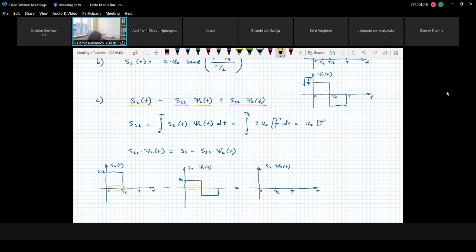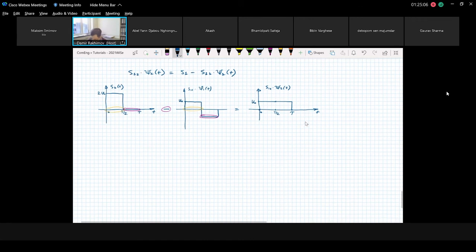We have 2u0 minus u0, and the result will be u0. This is the amplitude for the first range. Okay, let's go to the second range. We have 0 minus u0, so minus with minus gives us plus. For the second region, we also have amplitude u0. As a result, you see how this difference will look. It will be a rectangular pulse that goes from 0 to capital T.